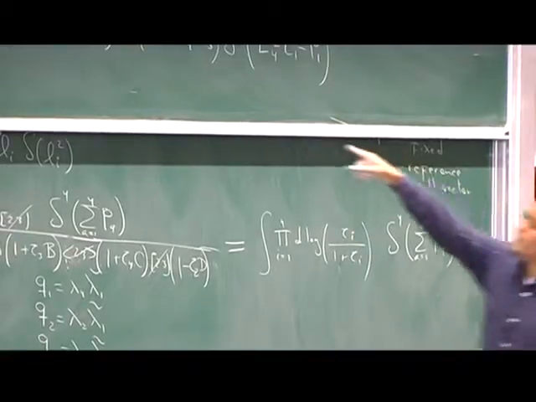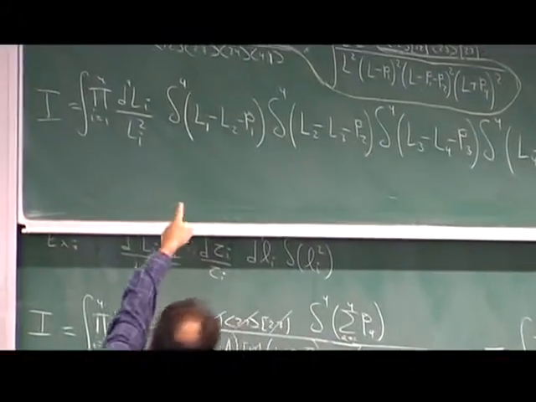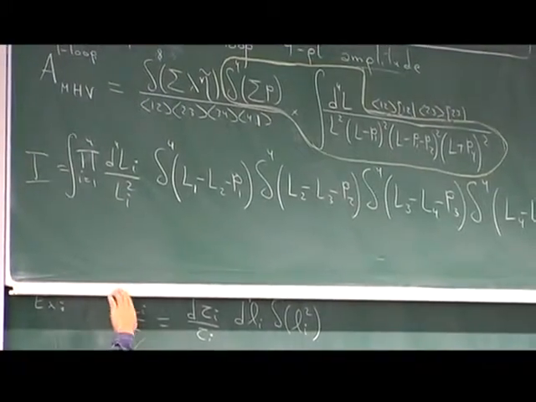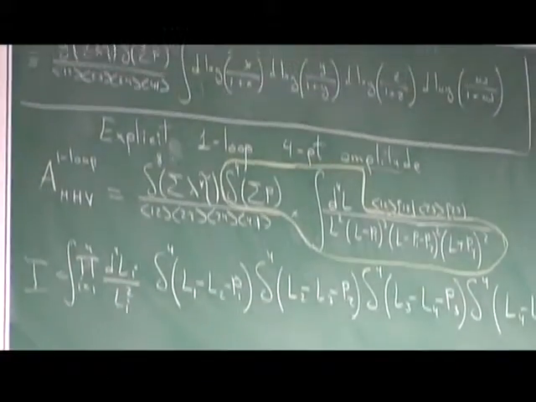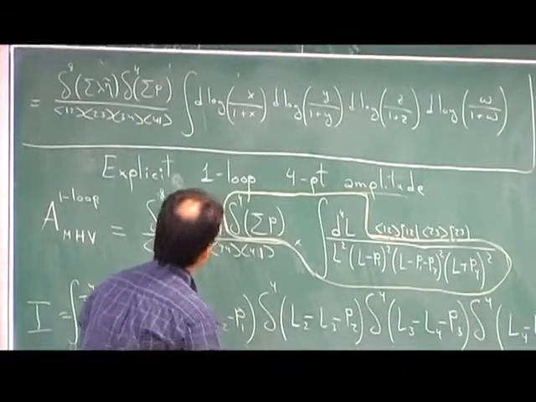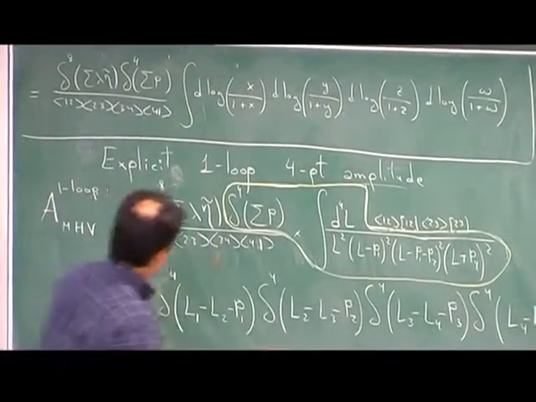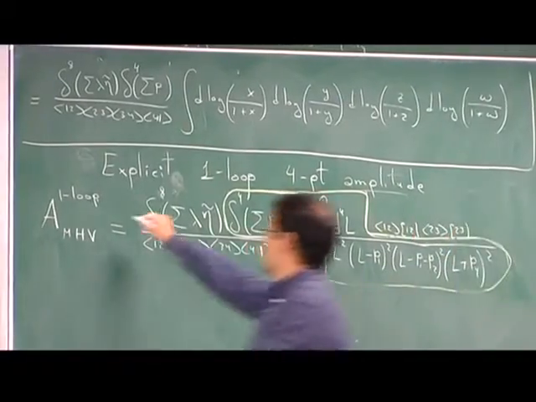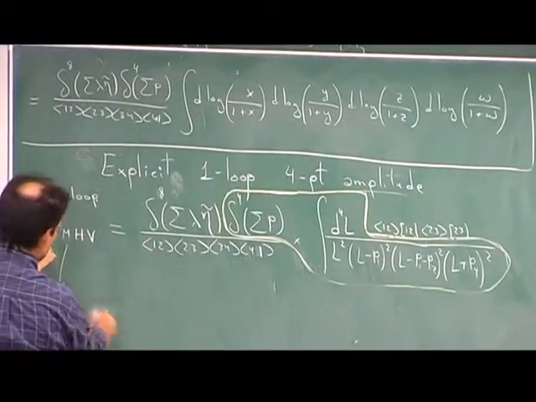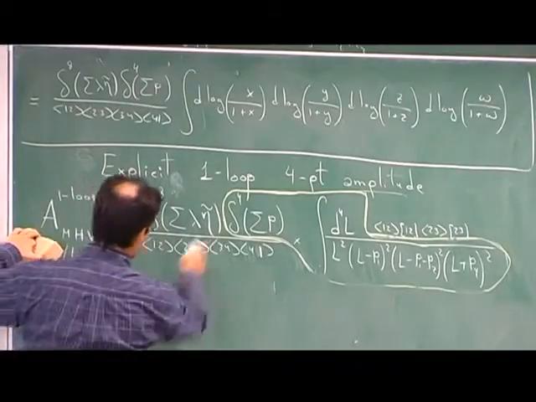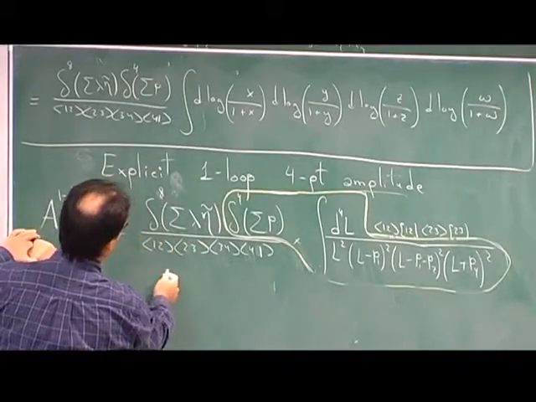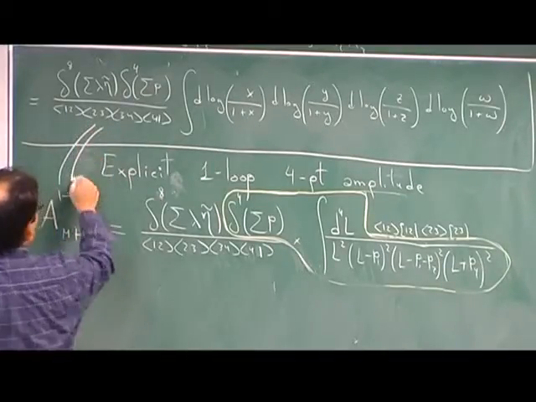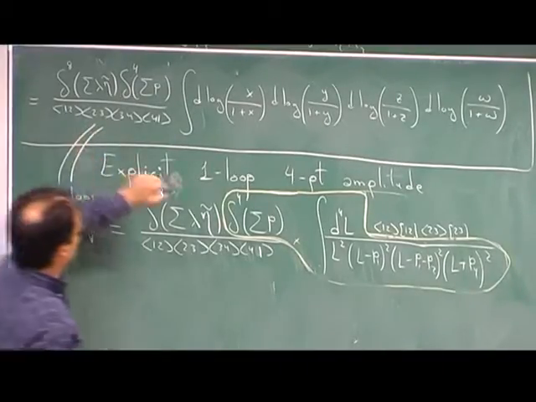And recall what we got in front was the MHV amplitude. So we ended up writing the one loop MHV amplitude, so this is equal to exactly, well, I don't have to write it, to exactly this.